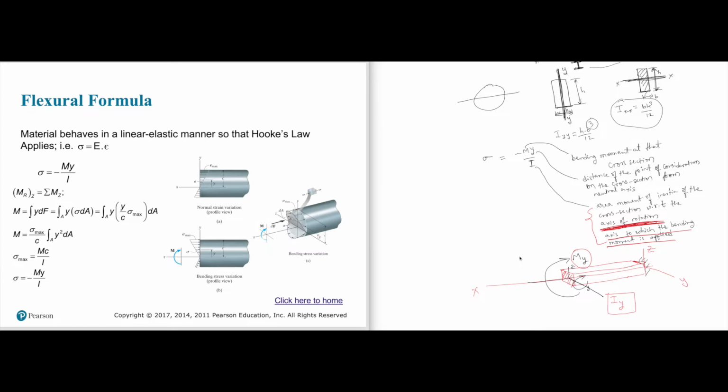Okay. Now look at the picture on the left. Think, and I'm going to tell you the answer in a little while. With respect to which axis is the moment applied here? Is it X, Y, or Z? Observe this picture on the left. For example, here, maybe this is better.